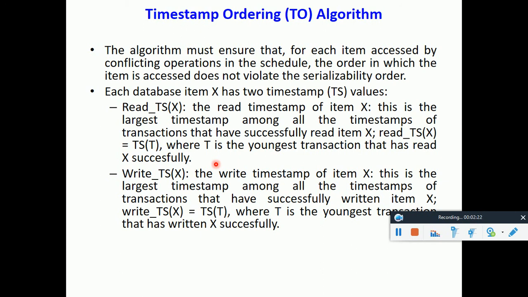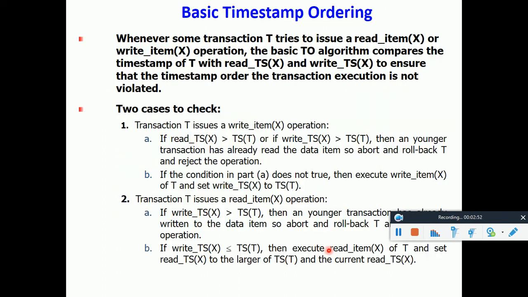Similarly, the write timestamp of X stores the timestamp of the youngest transaction which has successfully written that data item X. So both timestamps always store the value of the youngest transaction which has successfully completed the respective operation on this data item.